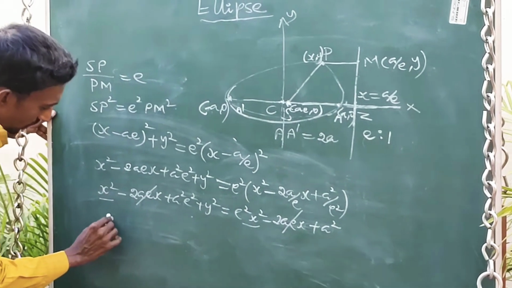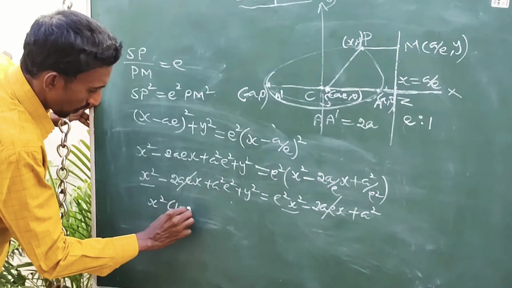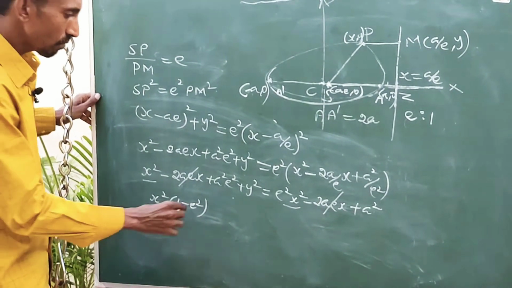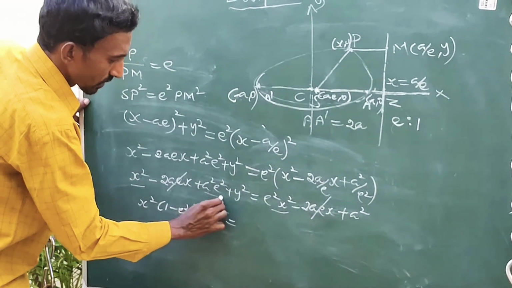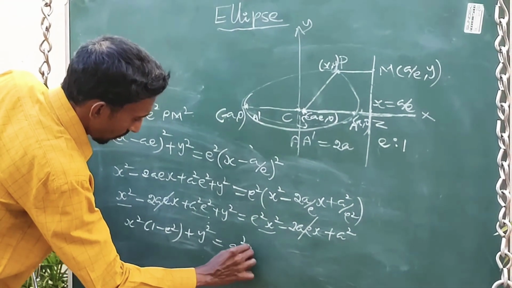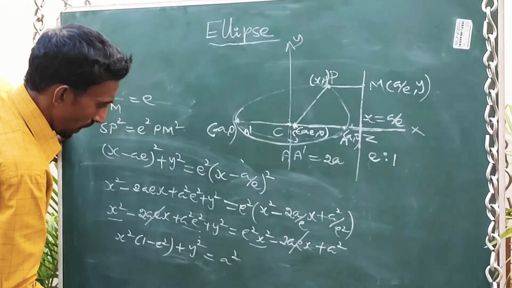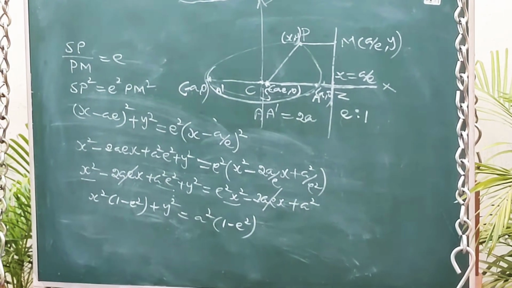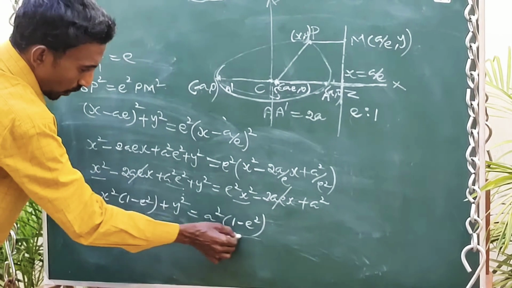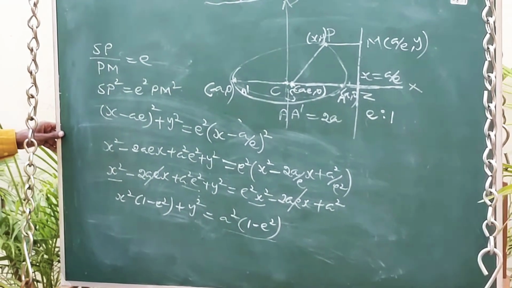So change the side: x square into (1 minus e square) plus y square, and move this term to the right hand side and take a square as common. So a square into (1 minus e square). Now divide both the sides by this value, a square into (1 minus e square).